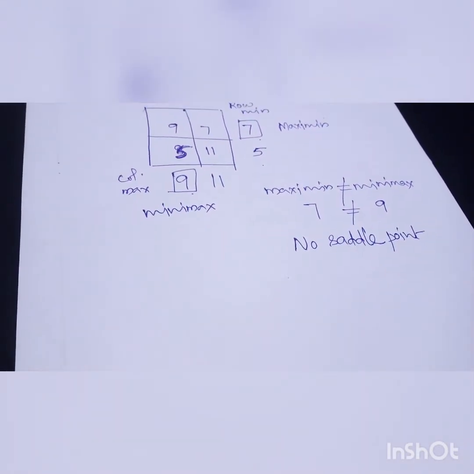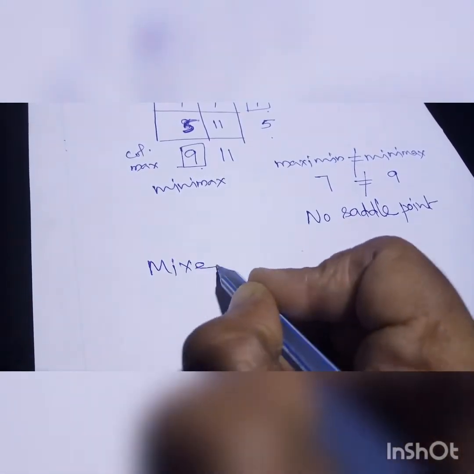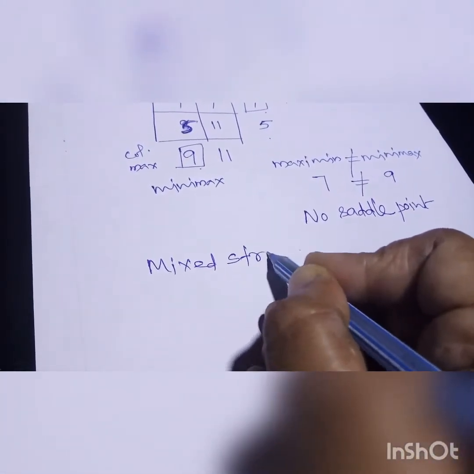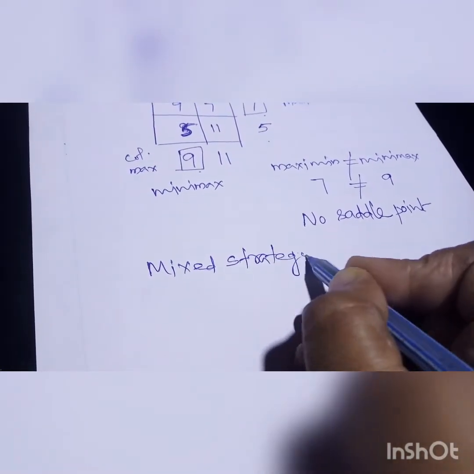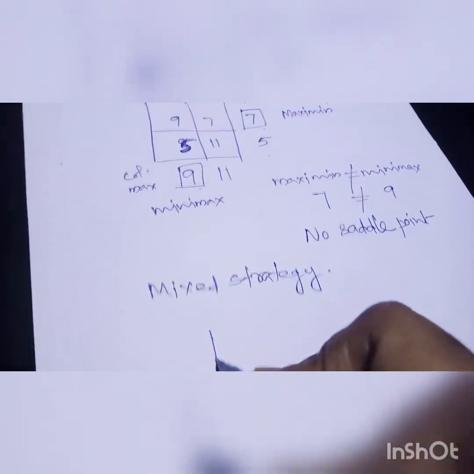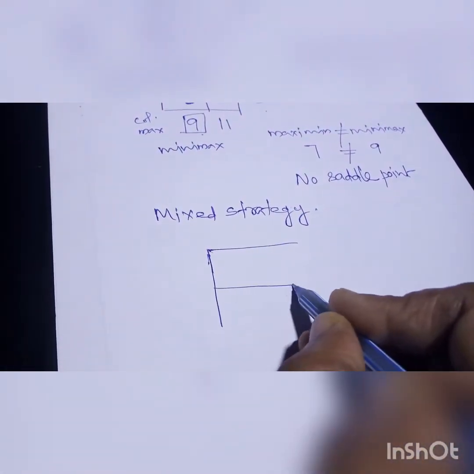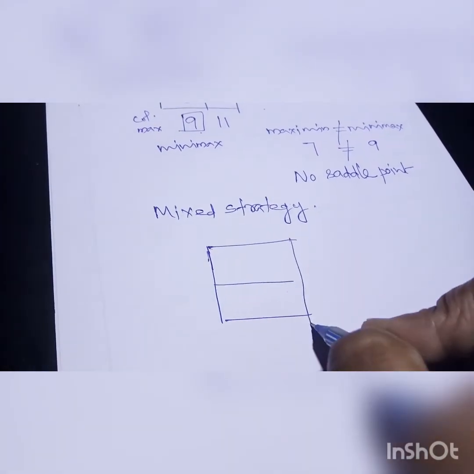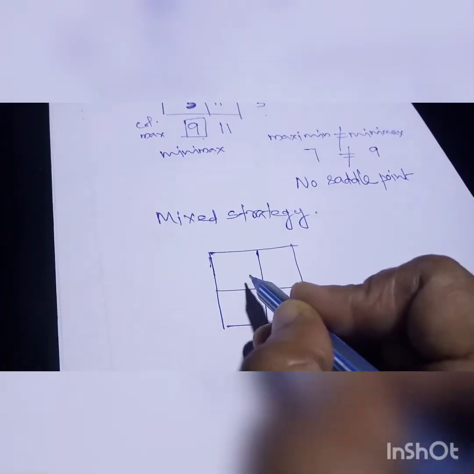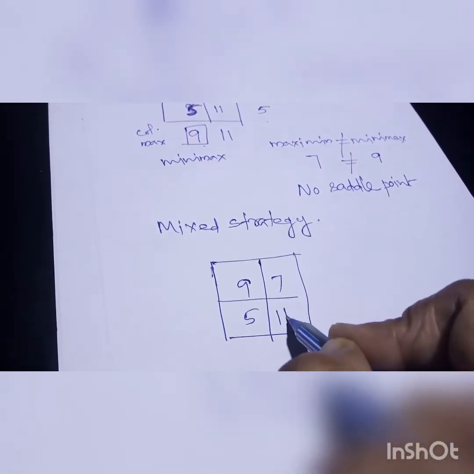Now we have to proceed with mixed strategy. For finding the mixed strategy, again I am drawing the table: 9, 7, 5 and 11.